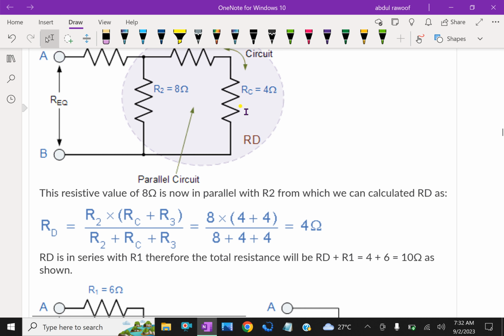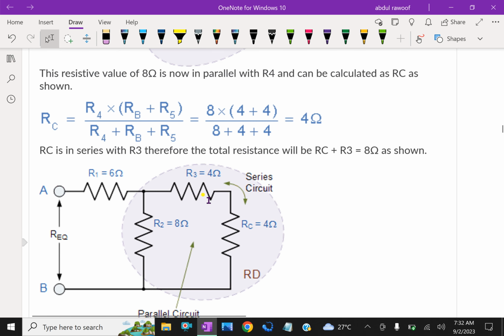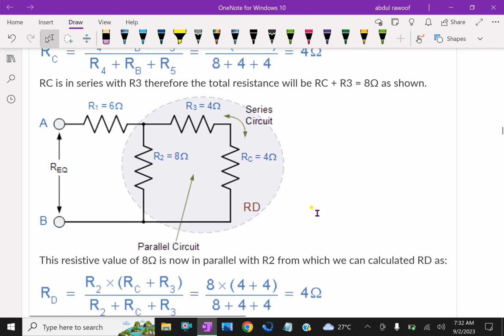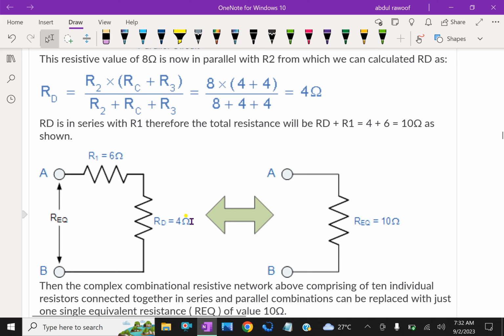Now this shaded area is 4 ohm. That 4 ohm is in series with 6 ohm. Look at here, this becomes 4 ohm, that is RD, in series with R1, that is 6 ohm. So together it is addition. The series circuit, R1 plus RD, is the effective resistance. It becomes 10 ohm, because 6 plus 4 ohm is R effective.